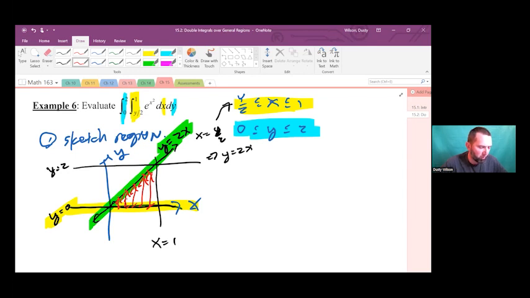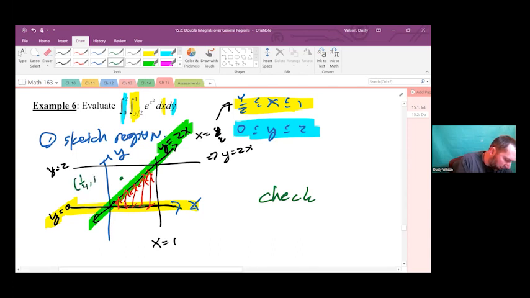And let's just double check that we didn't grab the wrong region. What if I had this point here? Make sure I didn't grab the other, it's not the other triangle. So if it was the other triangle, say this would be like the point 1/4 and 1.